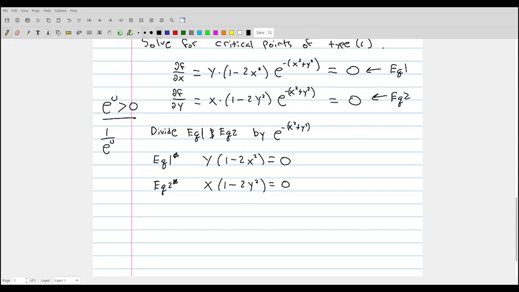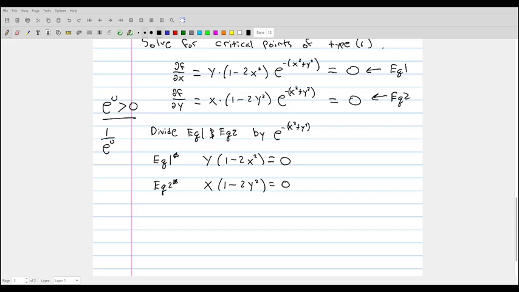So the idea then is that we have this new system that we have to look at and see, well, how can we satisfy this system? What values of x and y are going to give us solutions to this system? The key thing to do almost always is to start with one of the equations and figure out what values of x and or y will satisfy it.